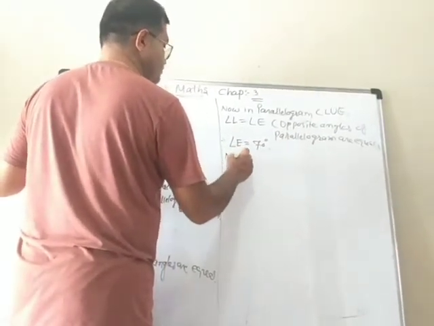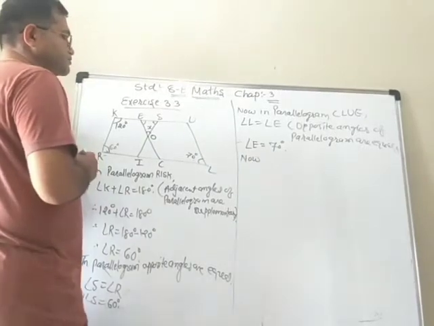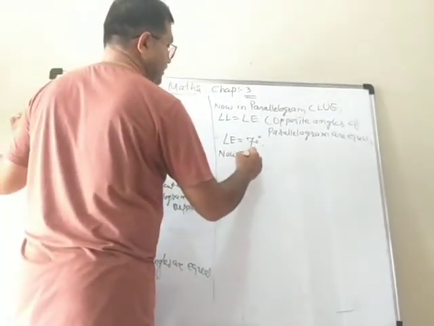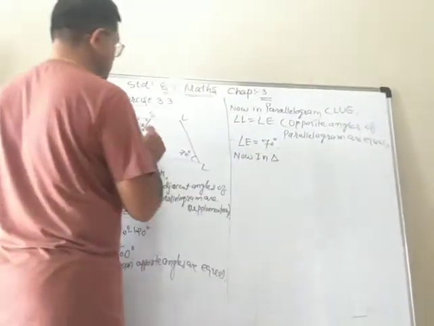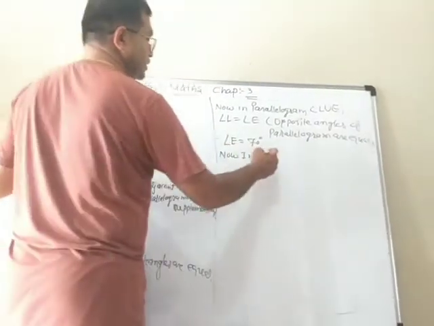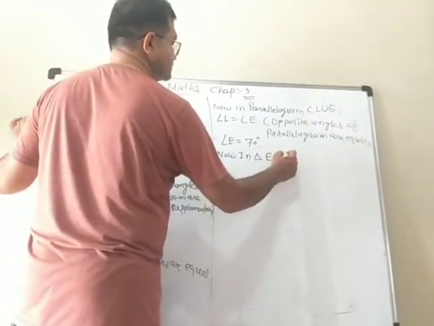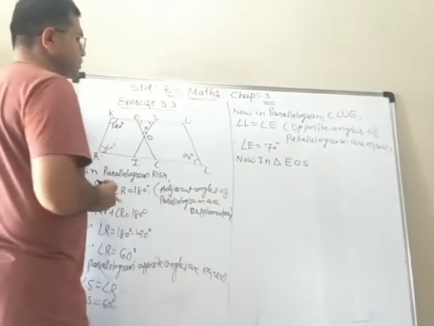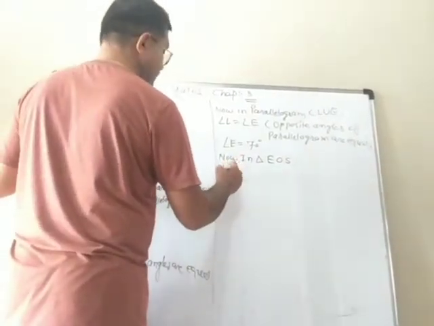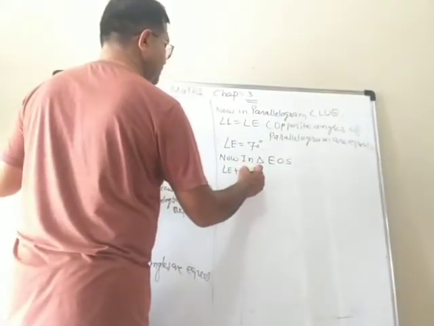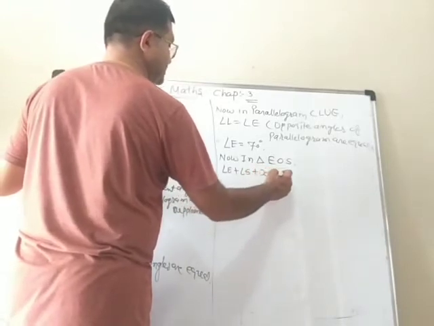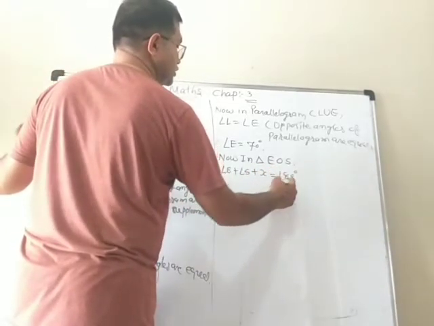Now, in triangle EOS, angle E plus angle S plus X is equal to 180 degree.